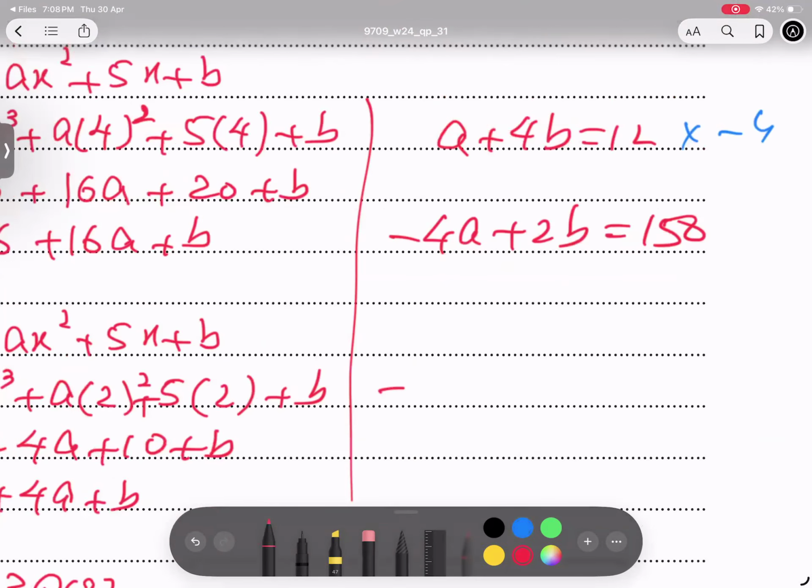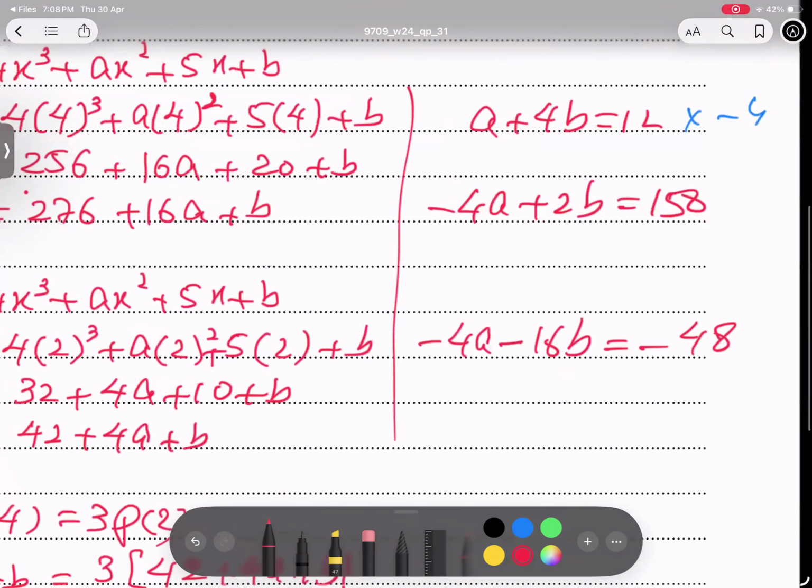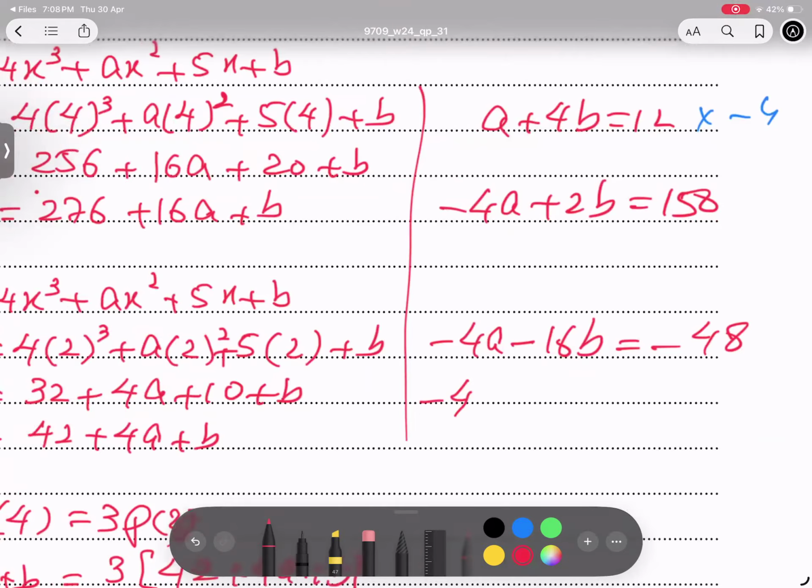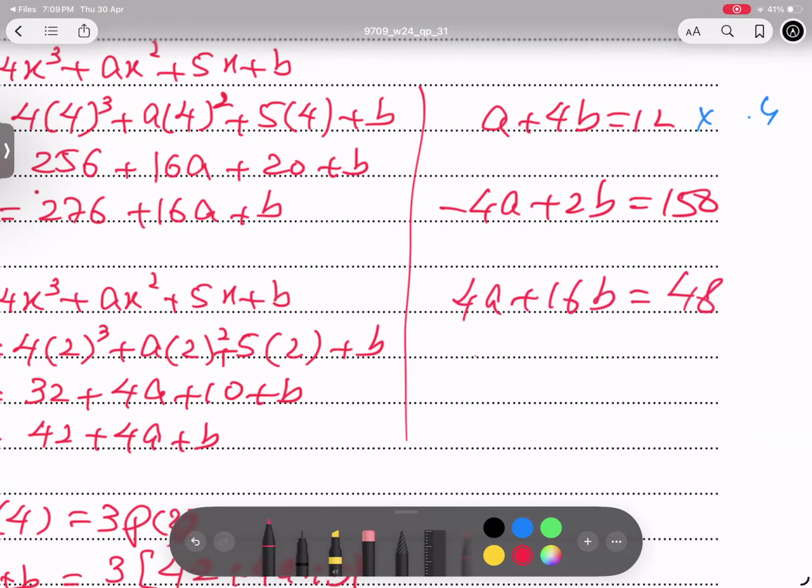I'm getting negative 4a and negative 16b and negative 48. And negative 4, sorry, not negative, because, student, I think the sign already changed. So with a positive 4. So I'm getting 4a, 4 times 4 is 16b, and 48.